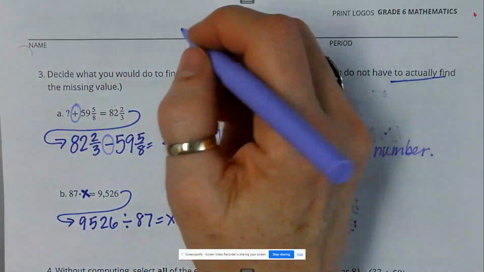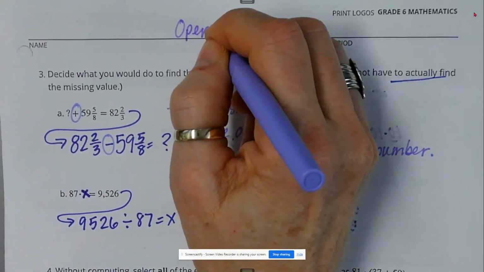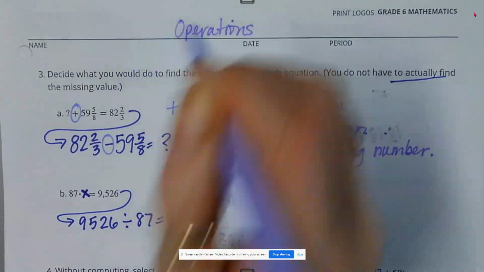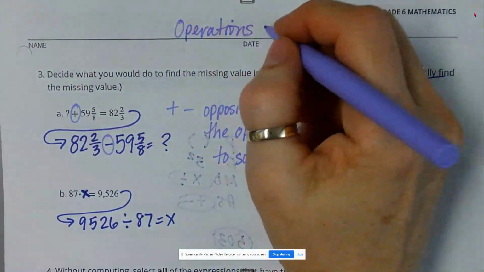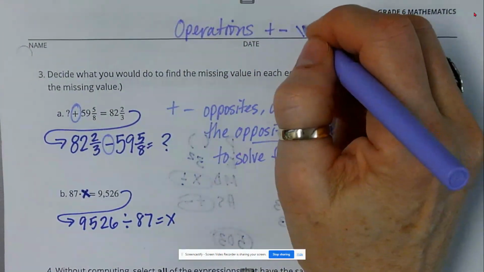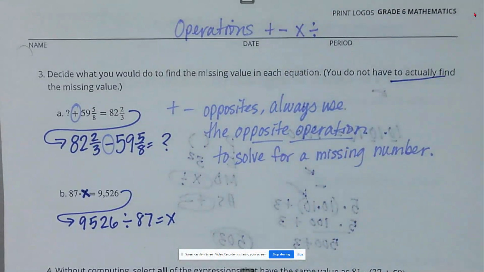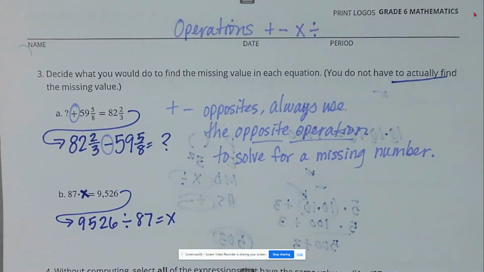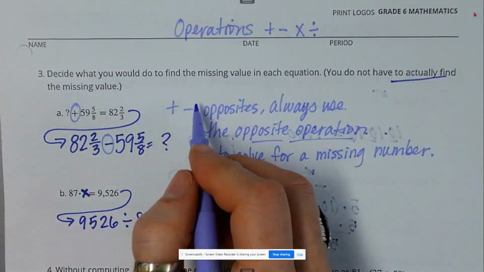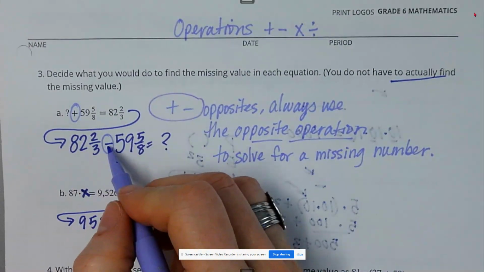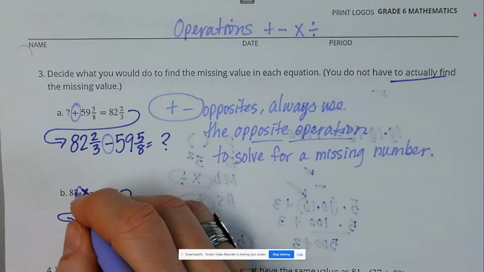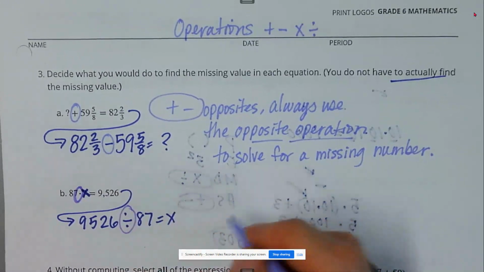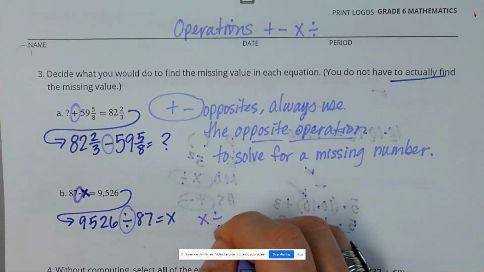Okay, operations I'll put up here. The main ones you're going to use most of your school career are add, subtract, multiply, and divide. If you get into higher math, you'll start to have some other things. So here you notice we have add, so our opposite is subtract. Here we have multiply, so the opposite is divide.